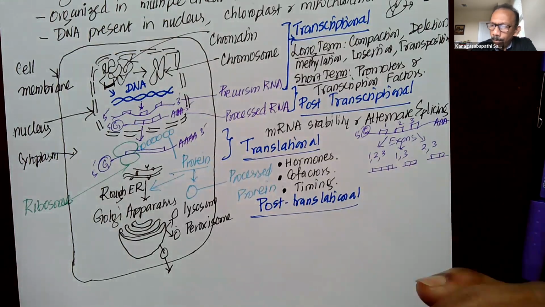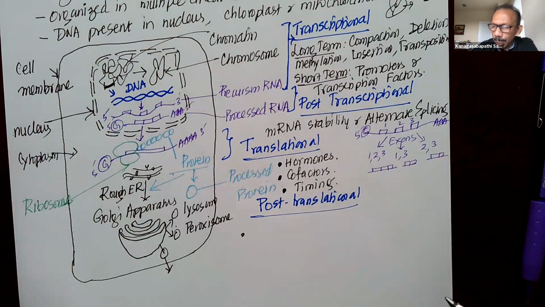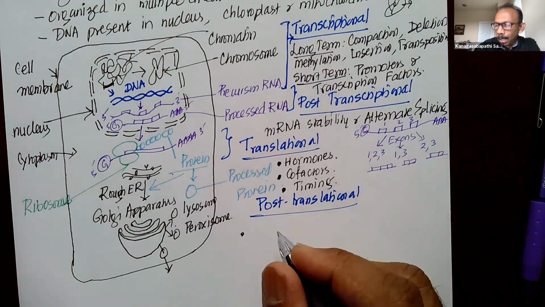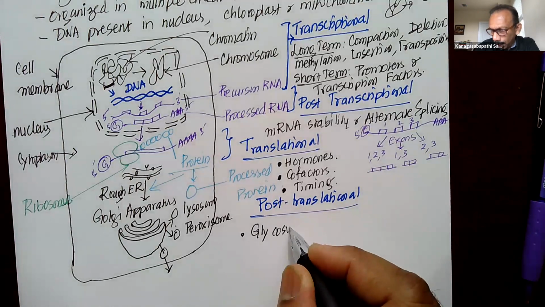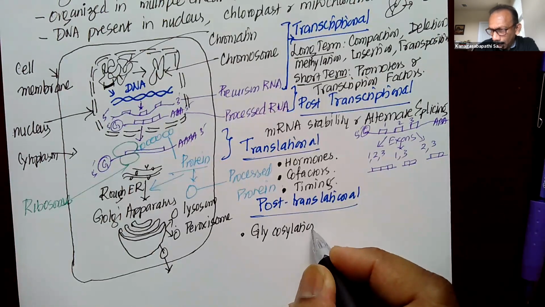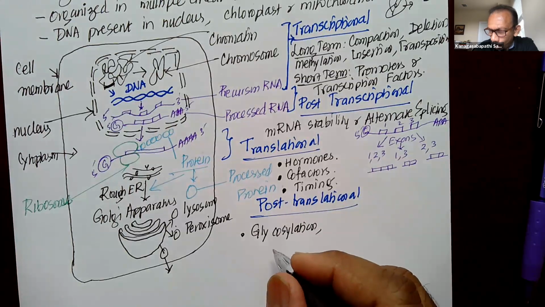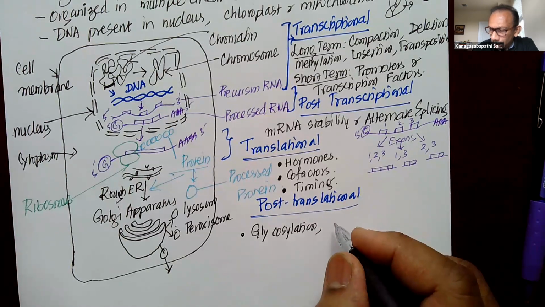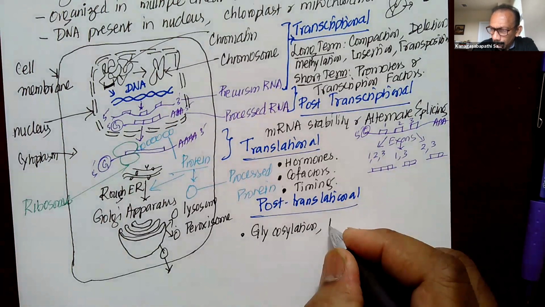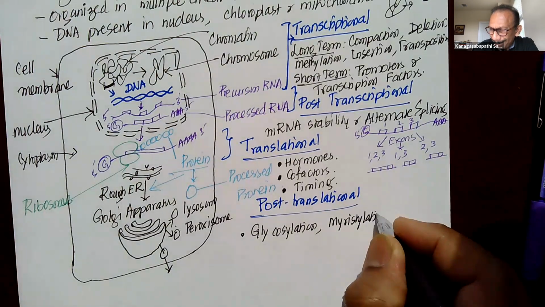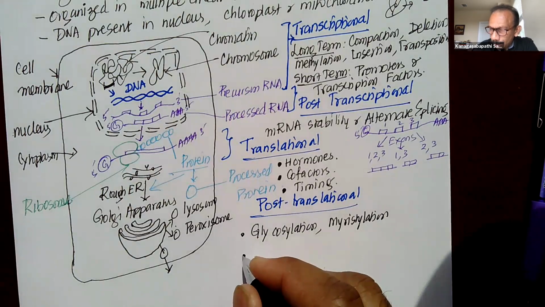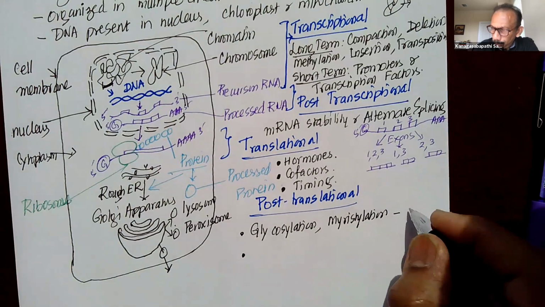Finally, we come to post-translational modification, which we have seen before. Glycosylation is the addition of oligosaccharides, and myristylation is the addition of lipids, which happens in the Golgi apparatus.